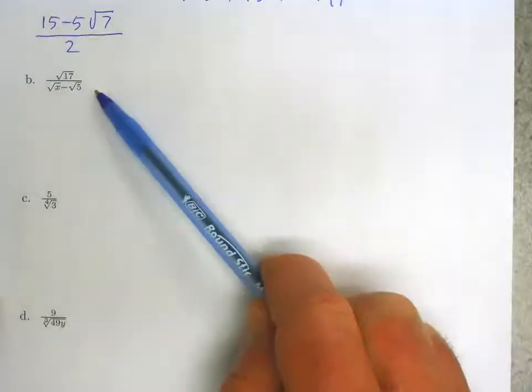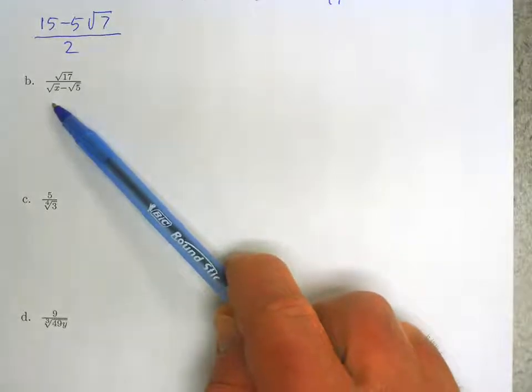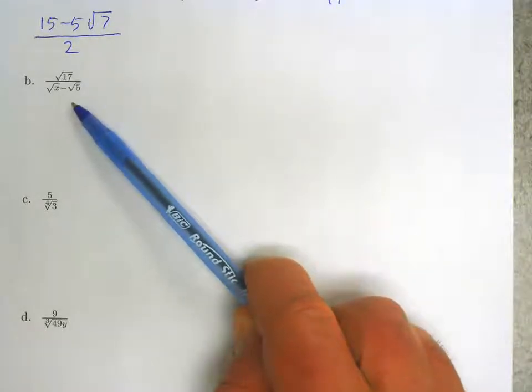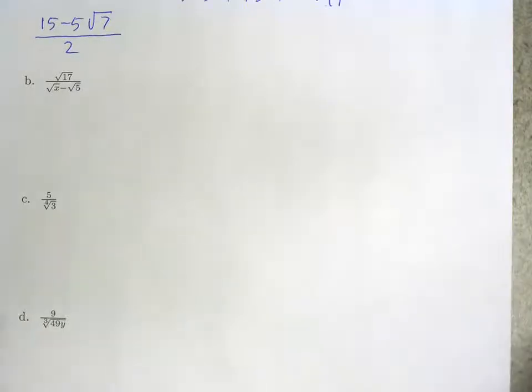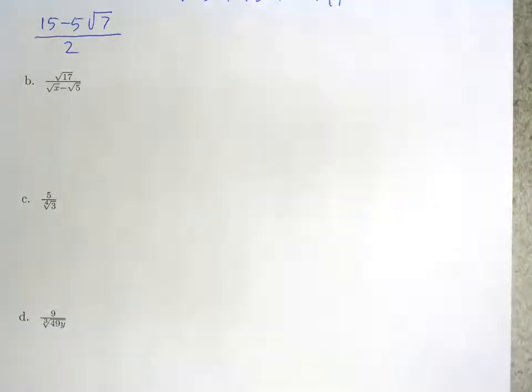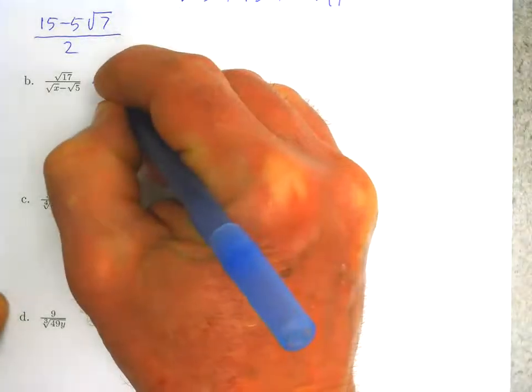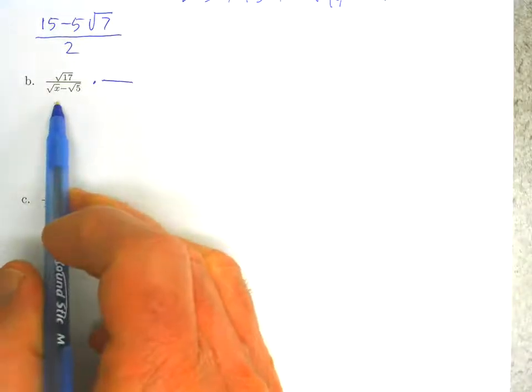Okay, so the next one, we do a similar type of thing. In the denominator, we have the square root of x minus the square root of 5. We want to come up with an expression that represents the same value as this, but with no square roots in the denominator. Okay, so we multiply by the conjugate again, the conjugate of the denominator.